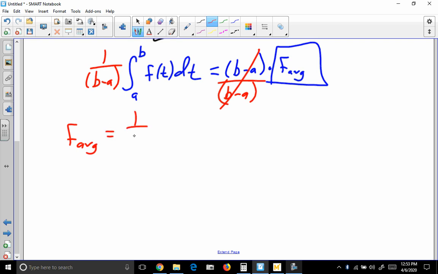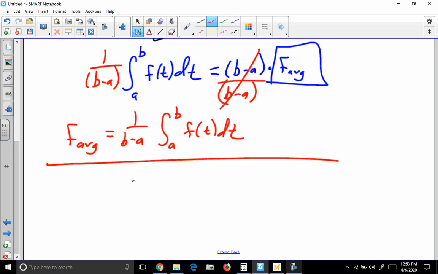So that's how you get the average force. It's 1 over the width of the interval times the integral of our function from one side to the other. So they give us a problem in the book that says find the average value of some function.